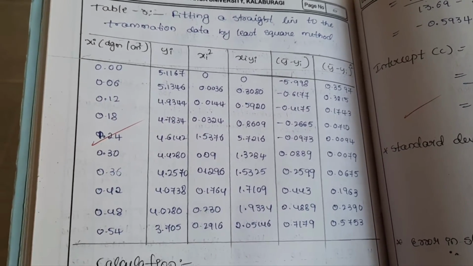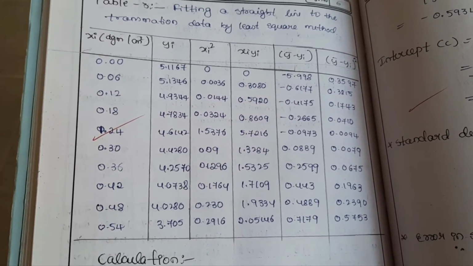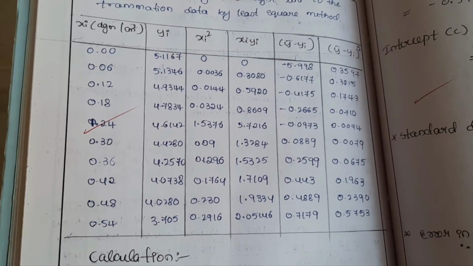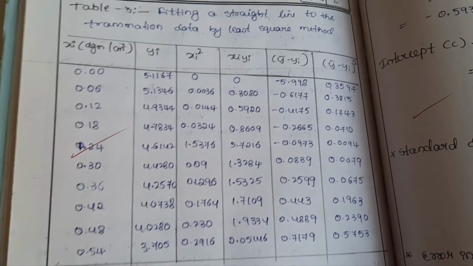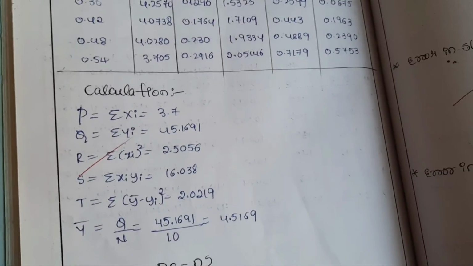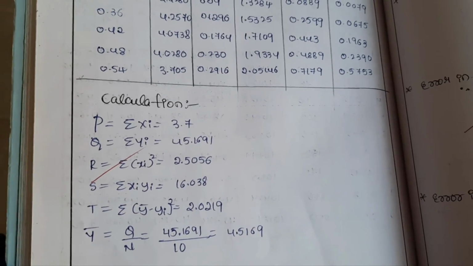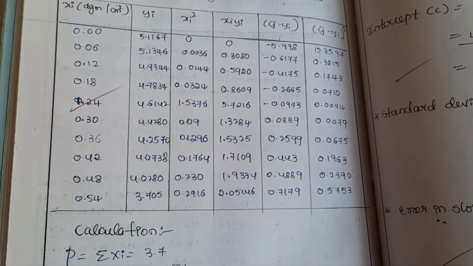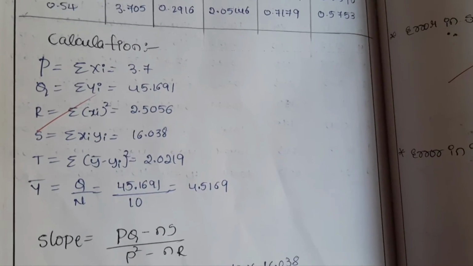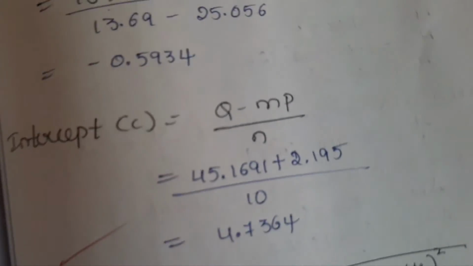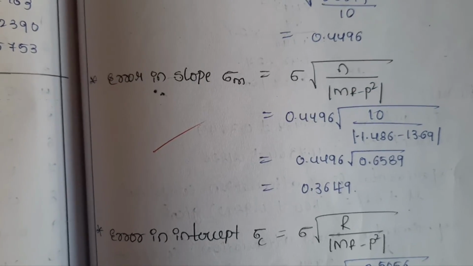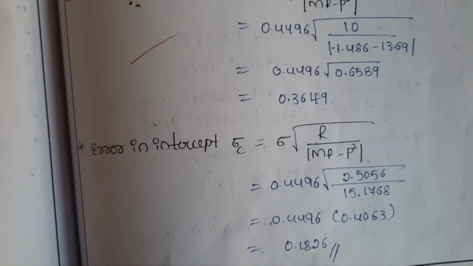Xi you take as the areal density, Yi as ln N. Then go for the LSF method, and after calculating, do the calculation for parameters P, Q, R, S, T and Y bar from this tabular column. Next you can calculate the slope, then the intercept, and then the standard deviation, error in slope, and error in intercept.